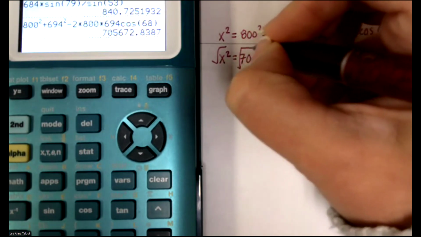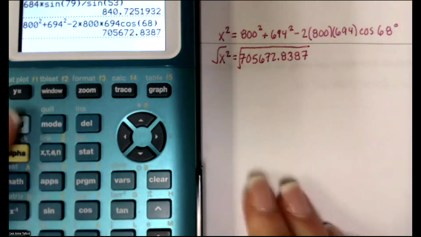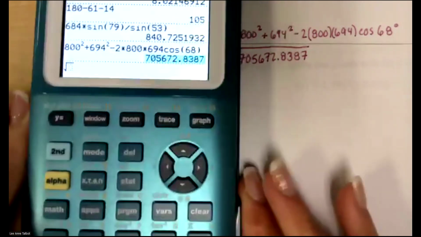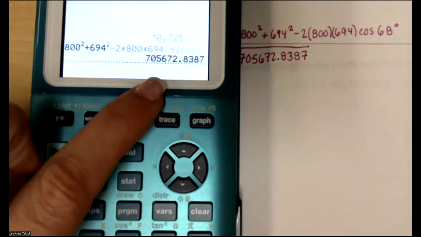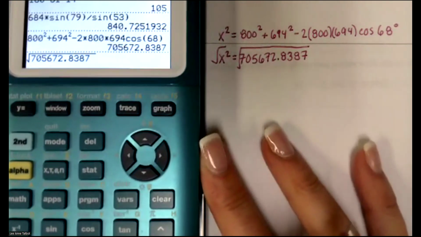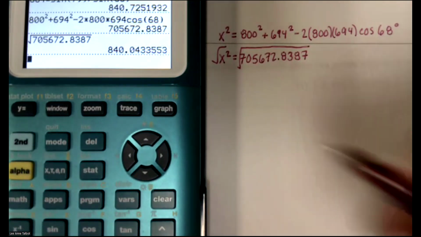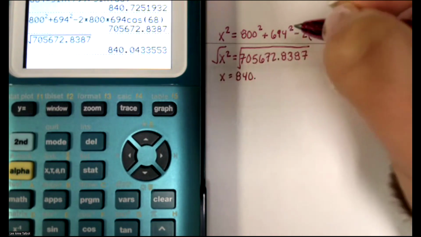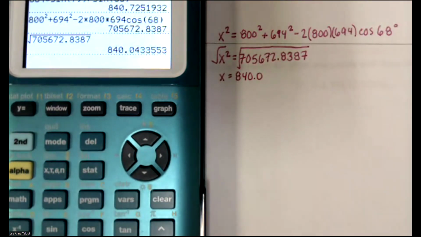And then square root. Okay, and this is how I do it because I'm just lazy. I go second x squared, and then I scroll up to the previous thing and hit enter, and it pastes it in. Cheating.